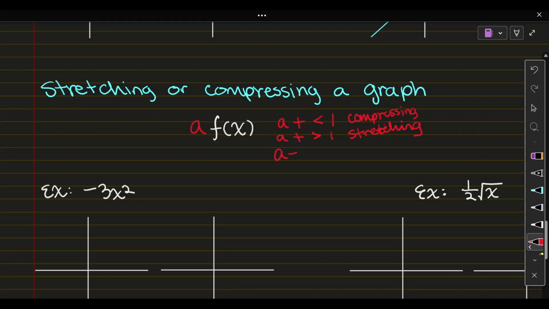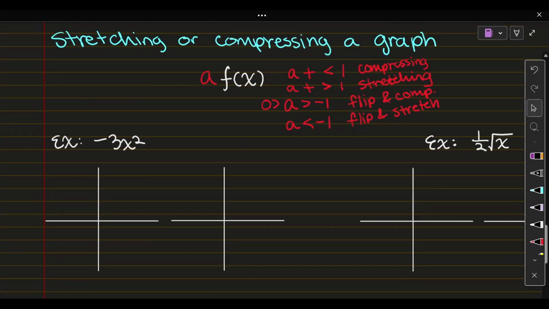If a is negative and between -1 and 0, we flip and compress. And if a is smaller than -1, then we flip and stretch vertically.